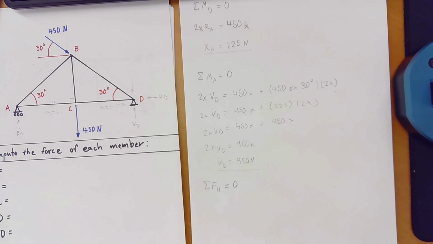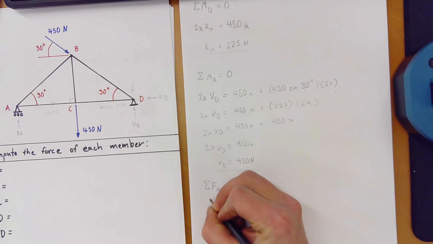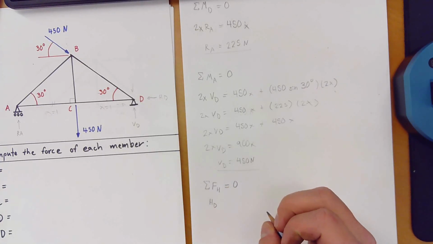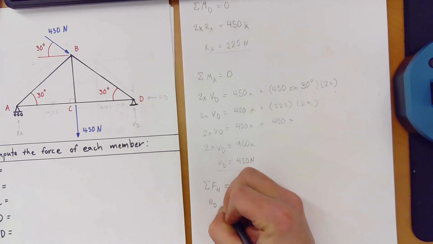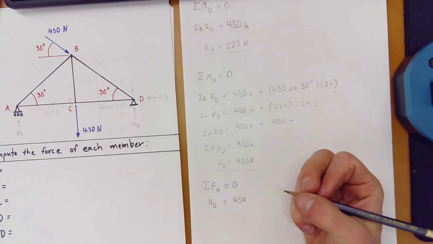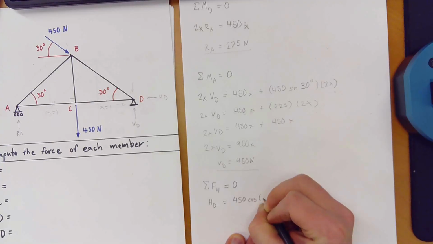Because point D is our fixed point and we're trying to find the force in the member here, and our 450 newtons is acting down, our horizontal force from point D is going to equal that 450 newtons times the cosine of 30 degrees.